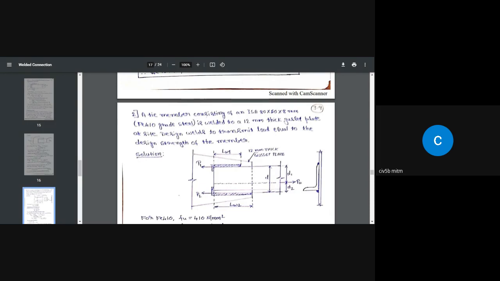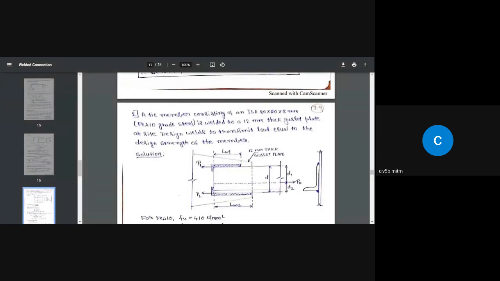Again, if you come back to ISA 80 by 50 by 8 millimeter, what is the EXX value? EXX value is 52.7 millimeter. And what is the CXX value?